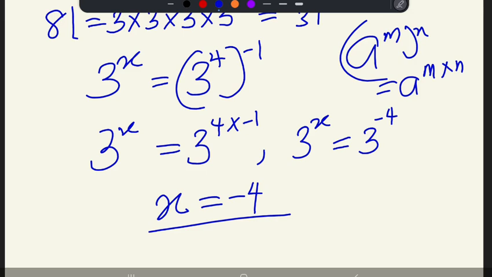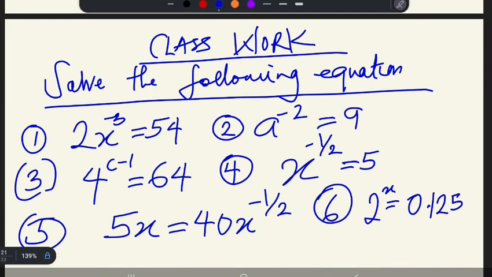So let's go to the classwork to show that you are here together with us. This is our classwork. Solve the following equations. 1. 2x raised to power 3 is equal to 54. You have to find the value of x. 2. 2a raised to power minus 2 is equal to 9.